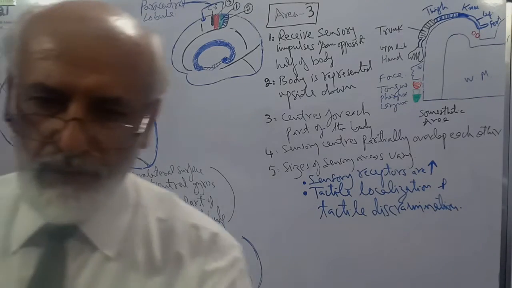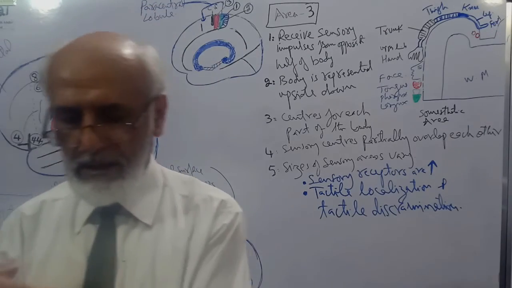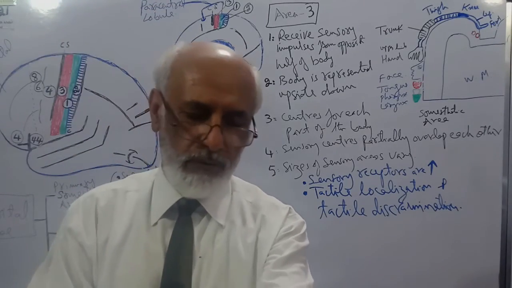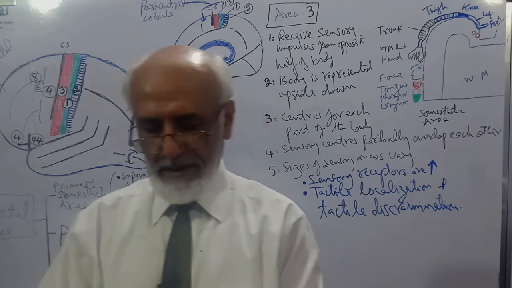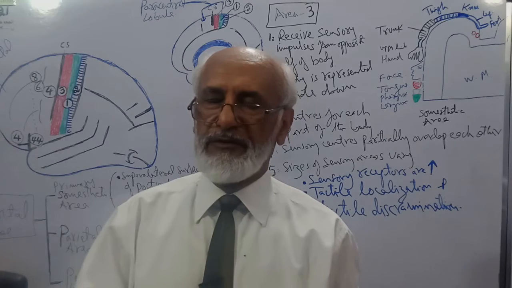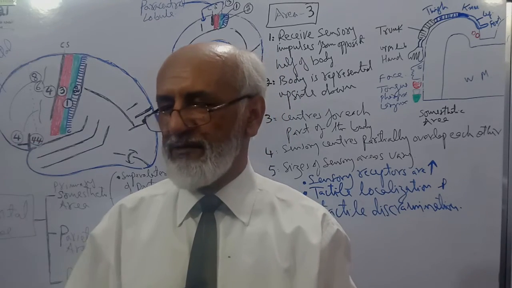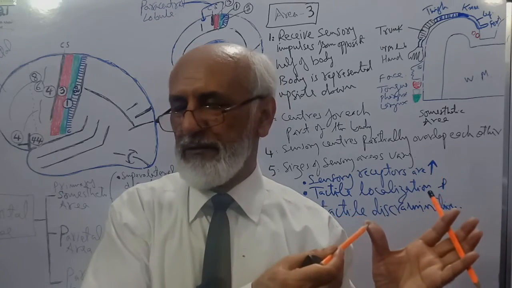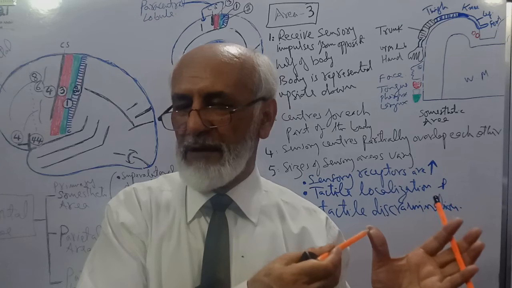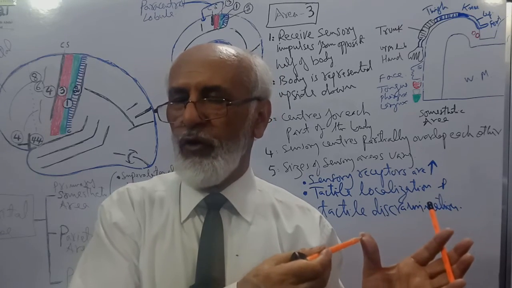Now, for example, I ask you to close your eyes and I will touch a part of your body. Now your eyes are closed and I touch this part of the body. So a normal person will immediately localize that the object is touching the thumb.